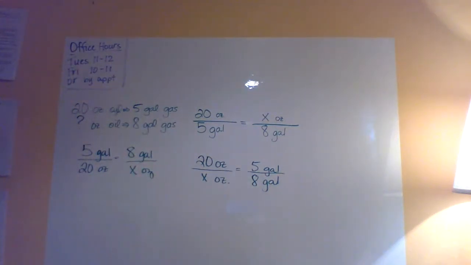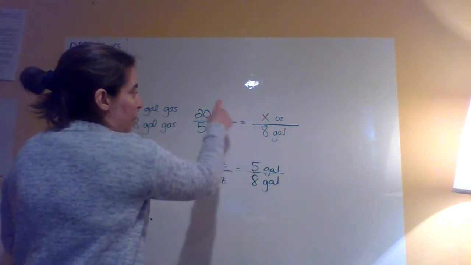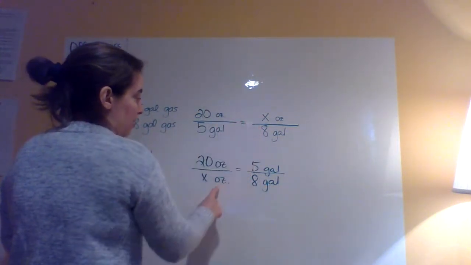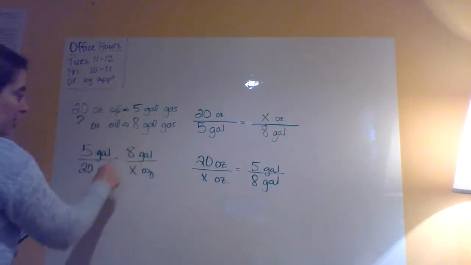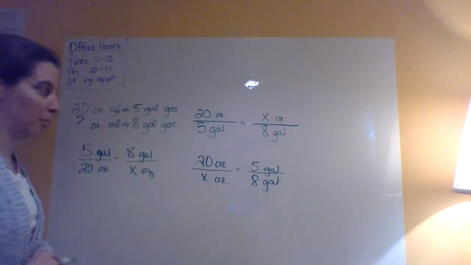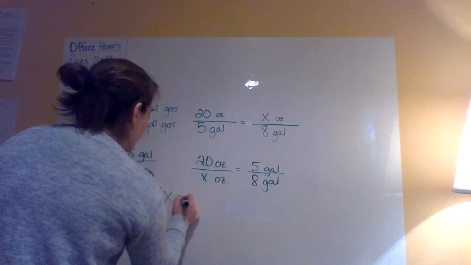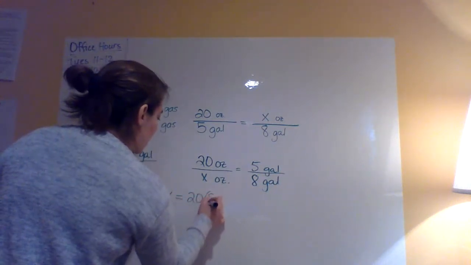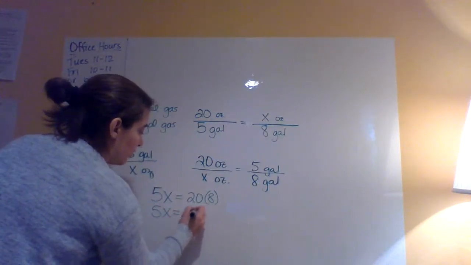How do I know that these are all correct? They're all going to give me the same answer. Well, in every case, 5 gets multiplied by x, 20 times 8. So they're all going to give me the same thing. So in any of these cases, I'm going to have 5 times x equals 20 times 8. 5x equals 160.